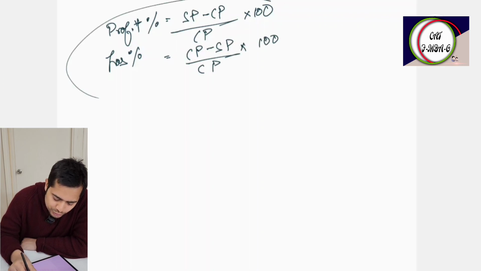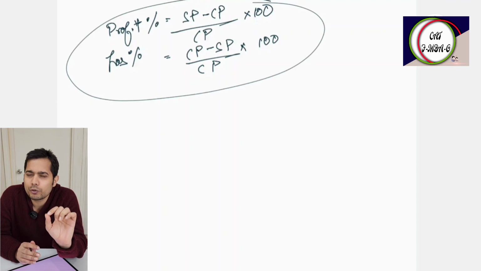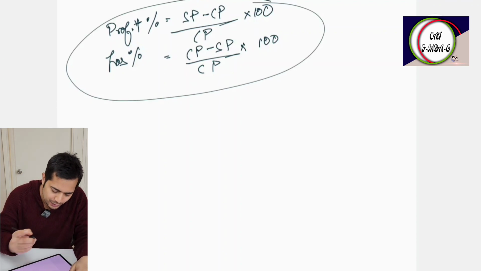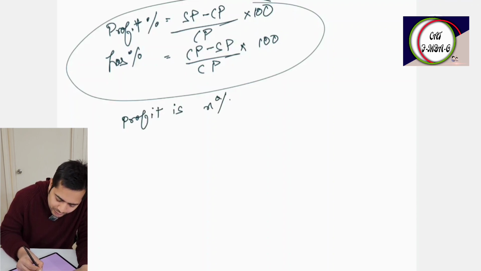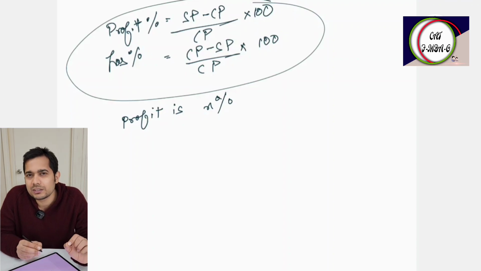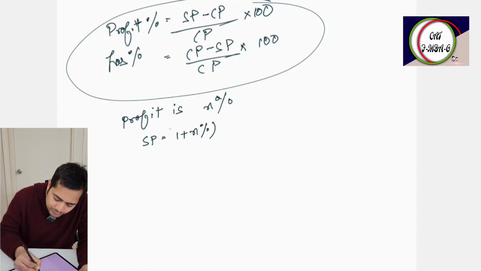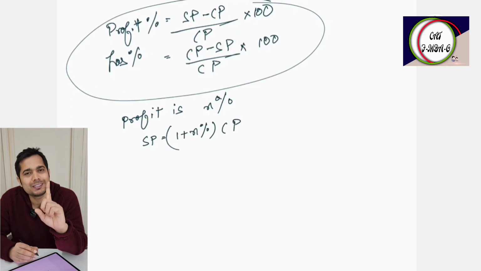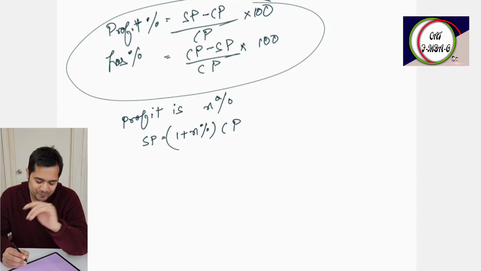Rather than using all these things, I will show you. Let us say profit is X percent. So rather than using all these formulas, just keep the basic concept in your mind. Selling price is equal to 1 plus X percent into cost price. Remember just this single formula, you can do all of the questions, okay?